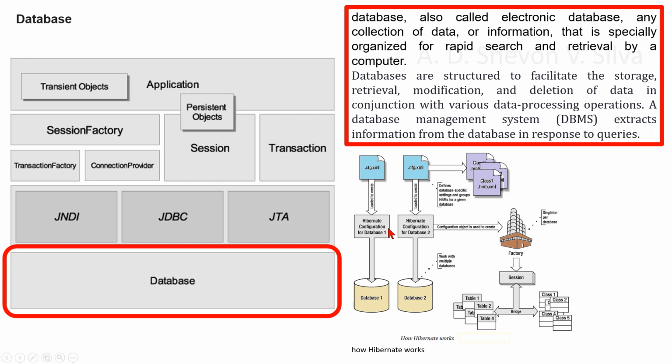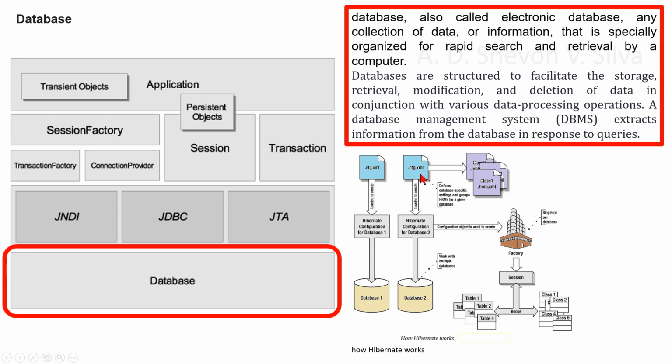Here you can see .cfg.xml. This file is connected to Hibernate configuration for database 1. Loaded to create is passed from the .cfg.xml file to Hibernate configuration data for database 1. Hibernate configuration for database 1 is connected to database 1.